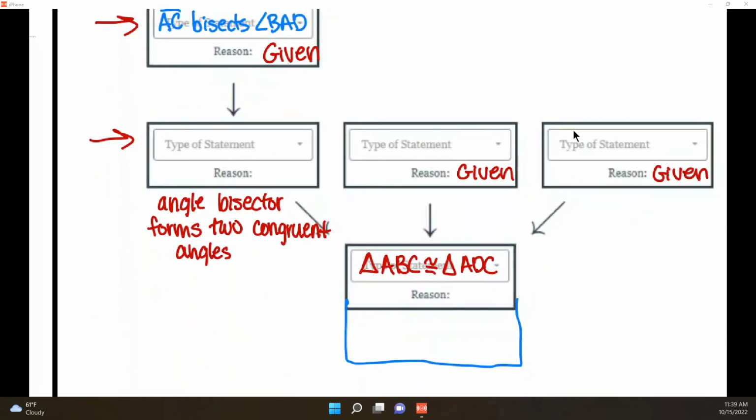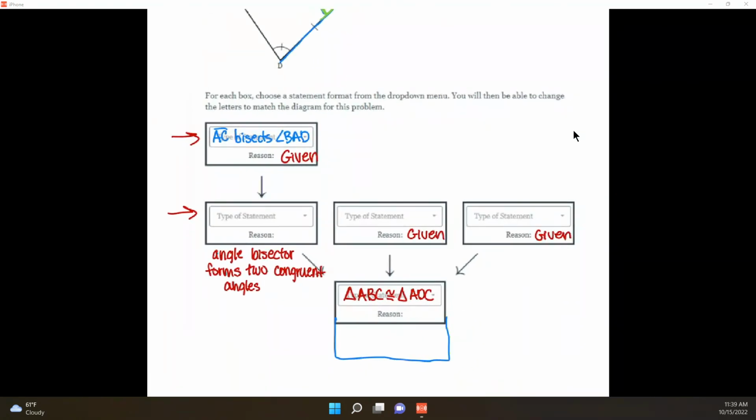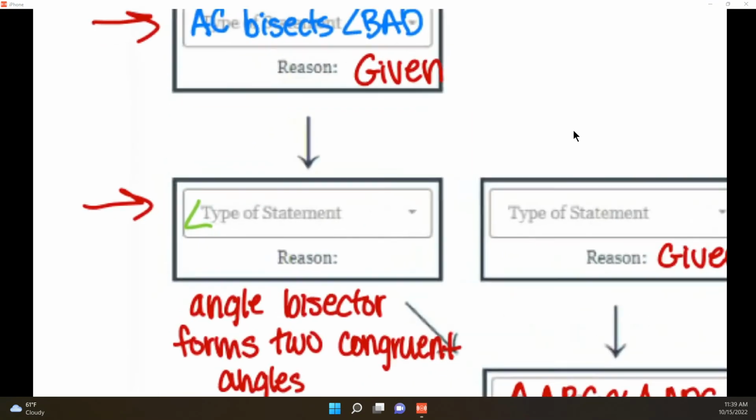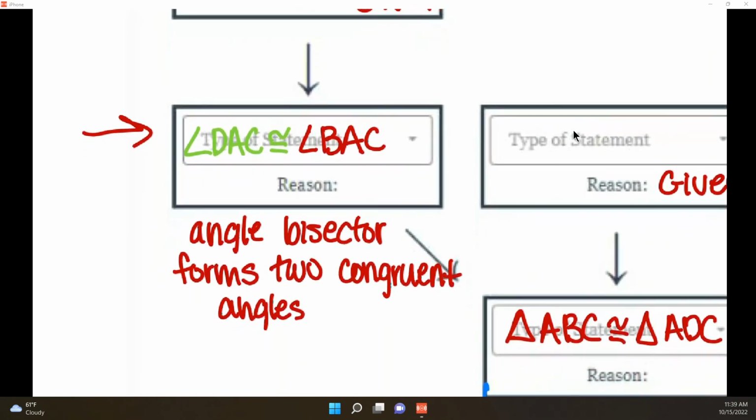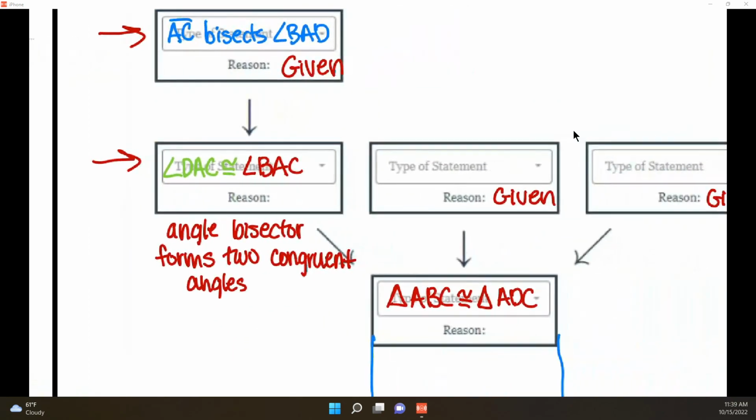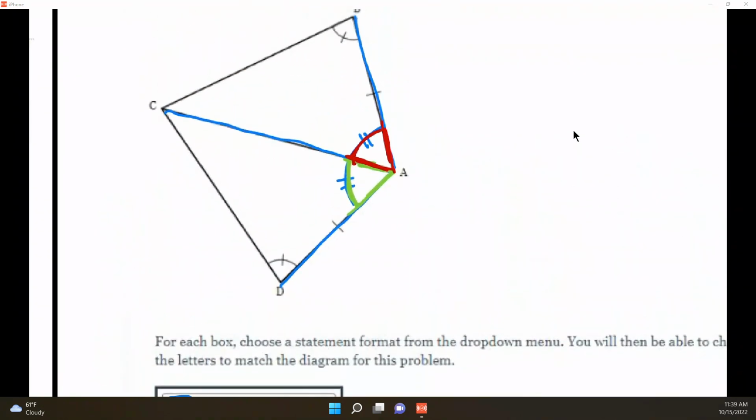So angle DAC is congruent to angle BAC. And the reason is because an angle bisector forms two congruent angles, okay?